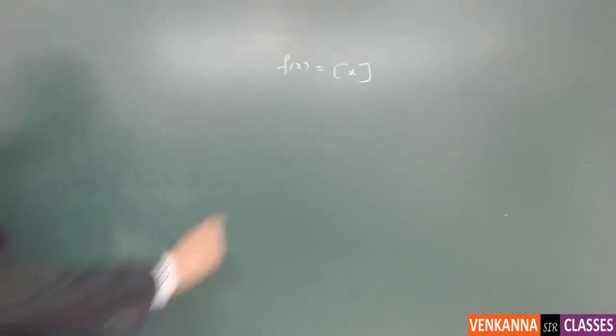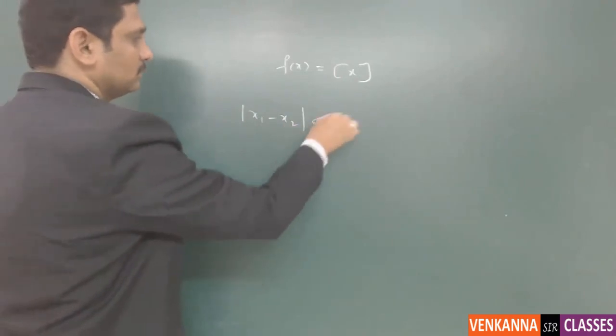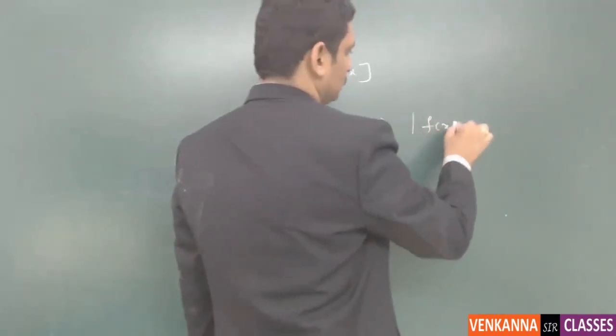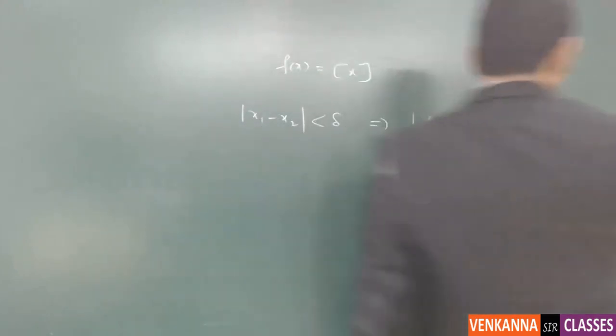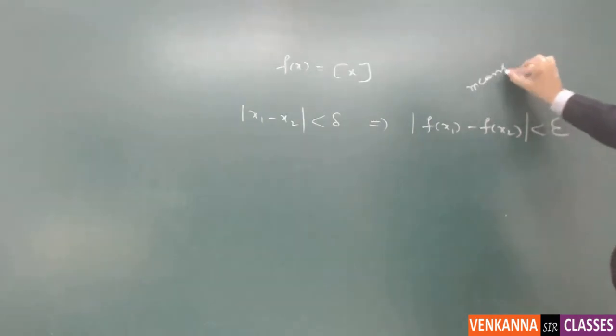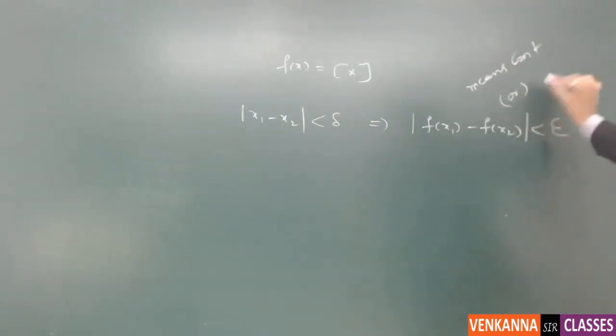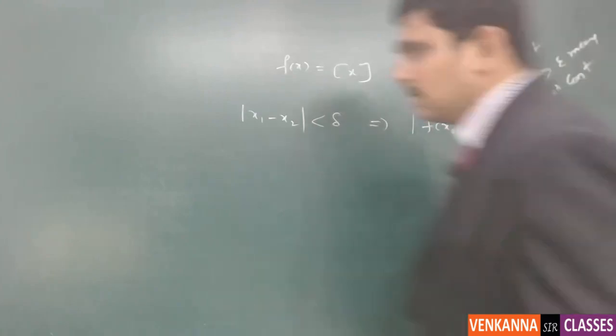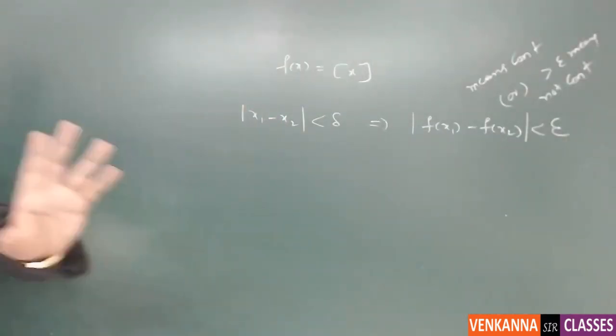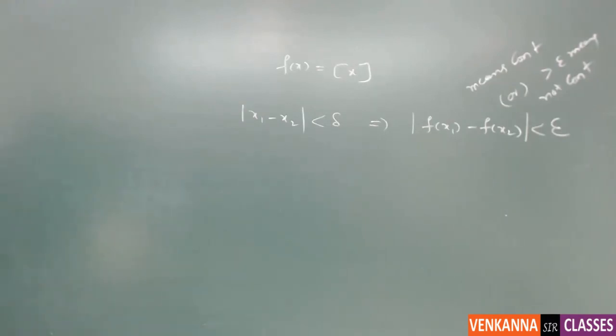Suppose this is our whole discussion so far considered in the entire chapter: if the difference between the x values is less than delta implies the difference between the function values is less than epsilon, then it is continuous, otherwise discontinuous. Accepted? Yes or no?